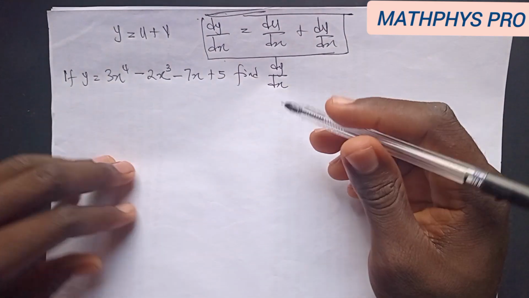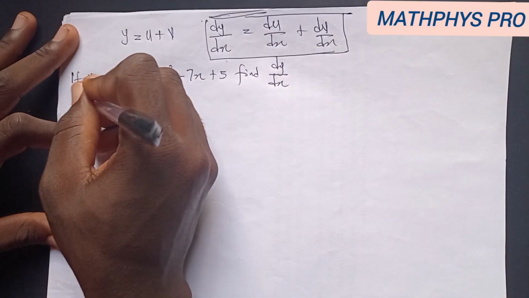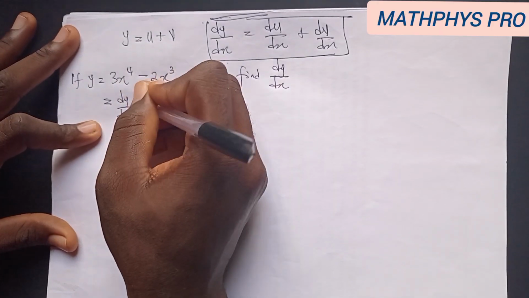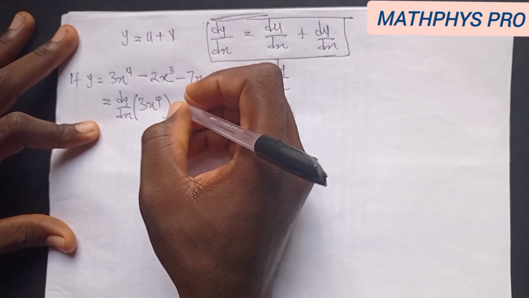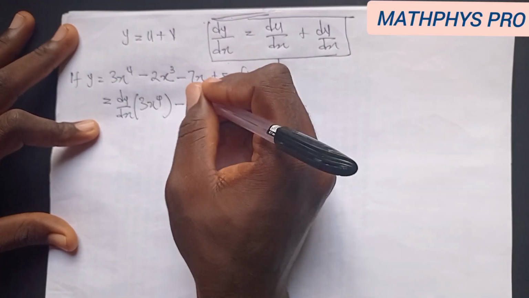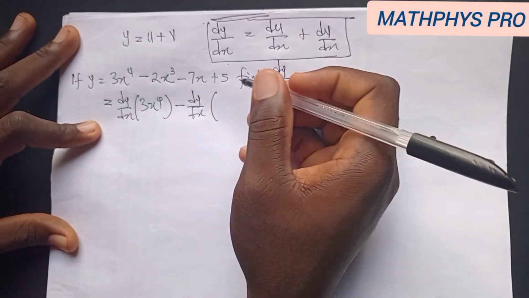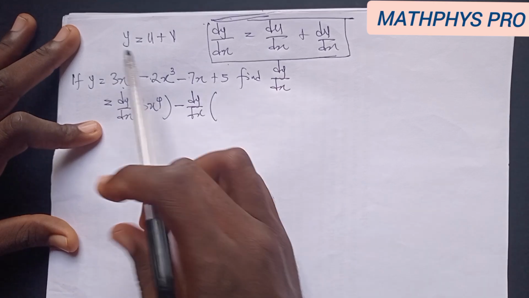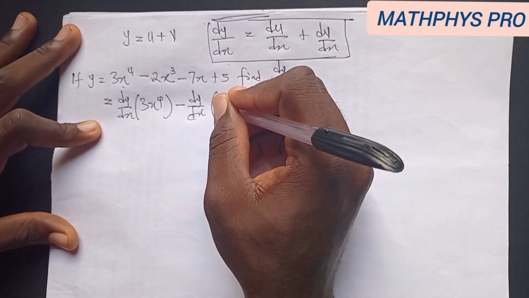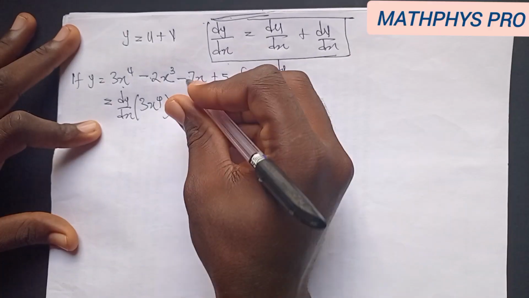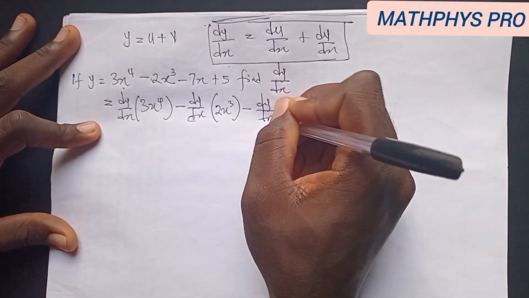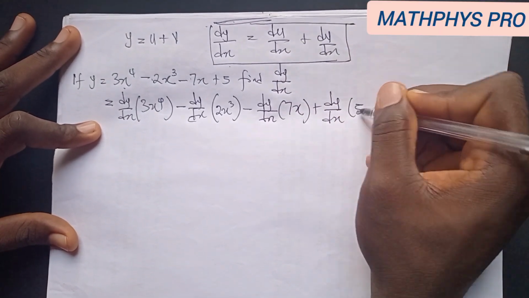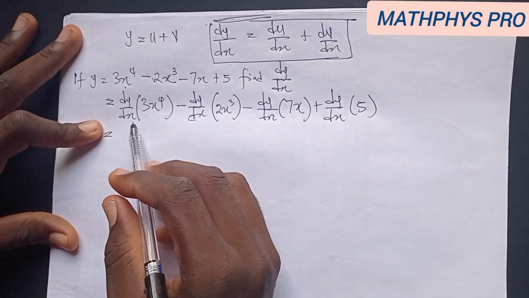Now, to find dy/dx, we can say that this will be equal to dy/dx of 3x raised to the power 4 minus dy/dx of 2x raised to the power 3 minus dy/dx of 7x plus dy/dx of 5. So you find the derivative of each term of this polynomial.